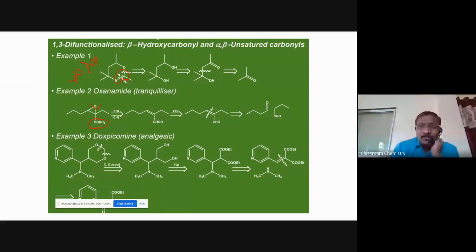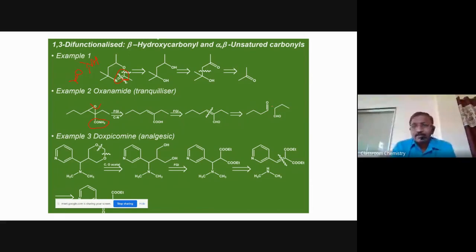Now we know that acid is obtained from oxidation of the aldehyde group. When we disconnect this, what will happen? Carbon number 1, 2, 3, 4, and there is an aldehyde group. And in this case, carbon number 1, 2, 3, and this is 4 for the aldehyde. So 1, 2, 3, 4, 1, 2, 3, 4. So which kind of reaction is this?